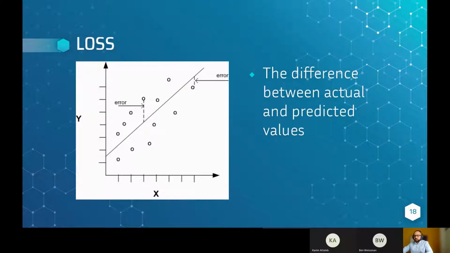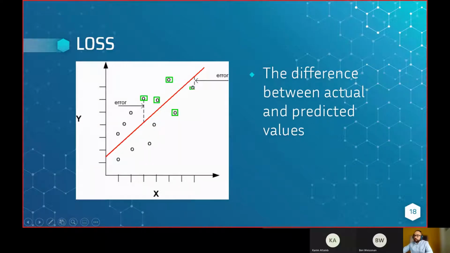In our regression model, you can see that visually here. If, for example, this is the regression line that we draw among our data points, and we want to make a prediction here, these are the different points that we're trying to predict.